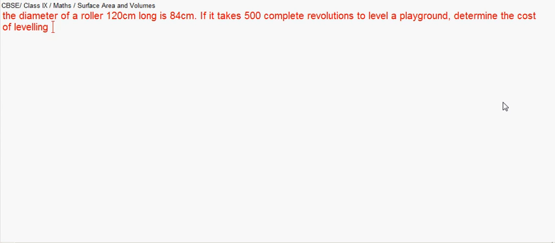If it takes 500 complete revolutions to level a playground, what we have to determine is the cost of leveling the ground at a rate of 30 paise per square meter.